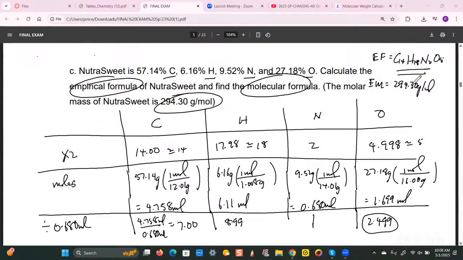The empirical mass is equal to the molar mass, right? So basically what that means is that the molecular formula is the same thing: C14H18N2O5. So again, the molar mass, the empirical formula and the molecular formula are both one and the same. Okay.